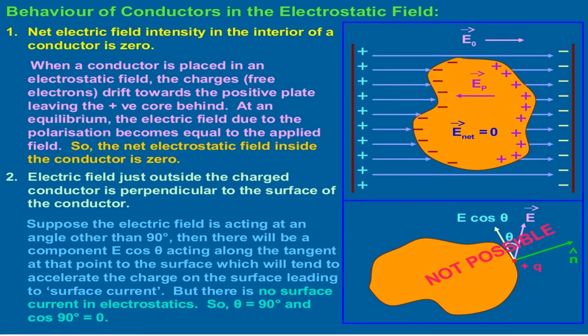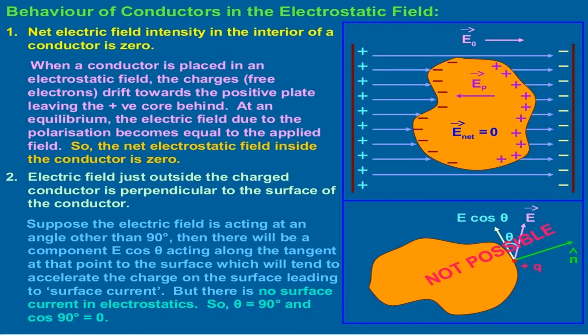Number 2, the electric field just outside the surface of a conductor is perpendicular to the surface of the conductor. When charge is given to a conductor, the charges flow along the surface and rearrange themselves till the net force on each charge is zero. This is called electrostatic condition. After that, there would be no flow of charge along the surface.